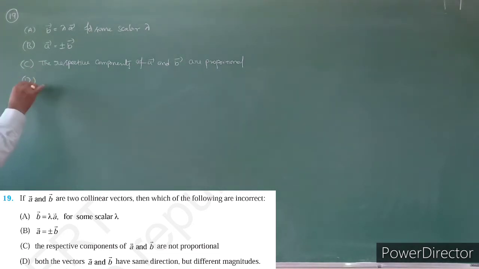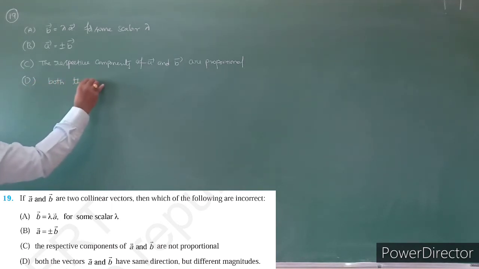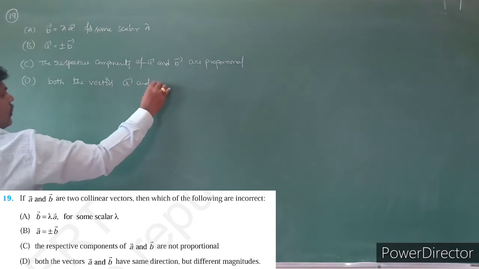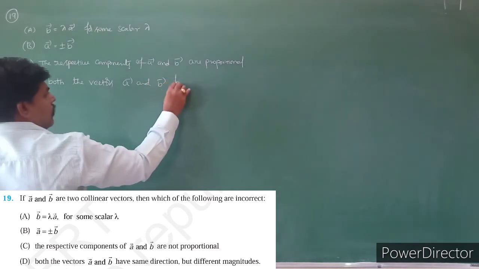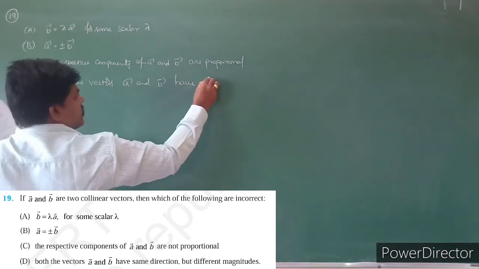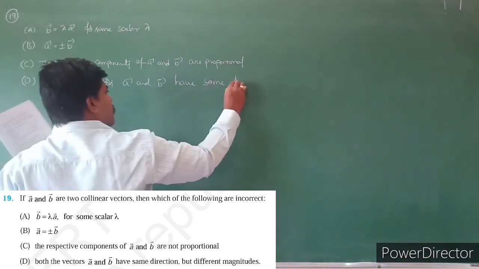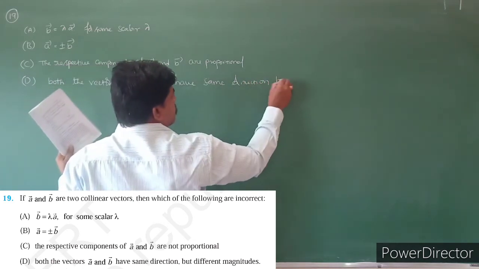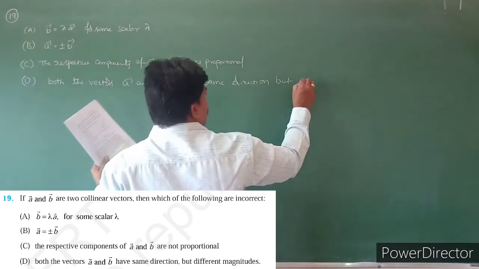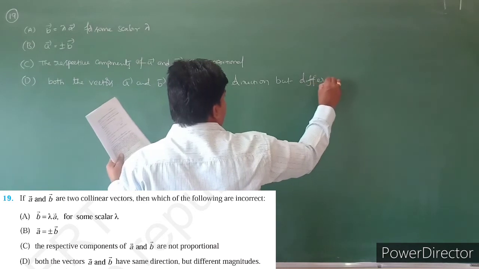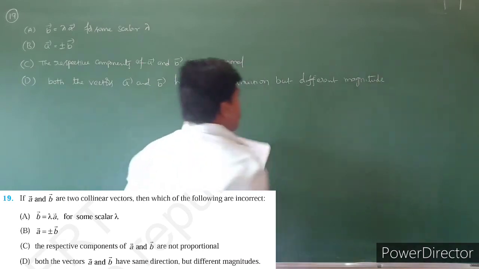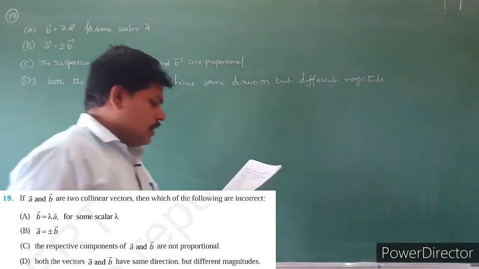The next one is both the vectors A bar and B bar have the same direction but a different magnitude.